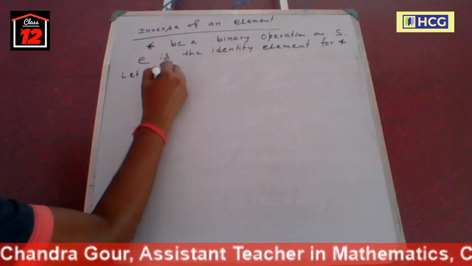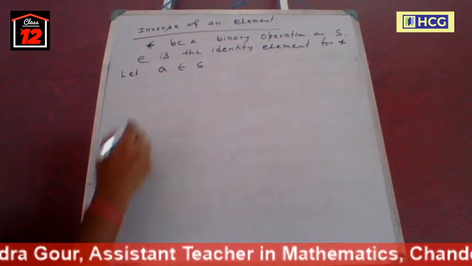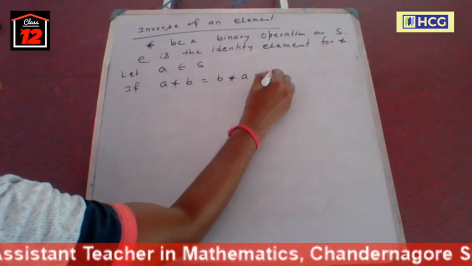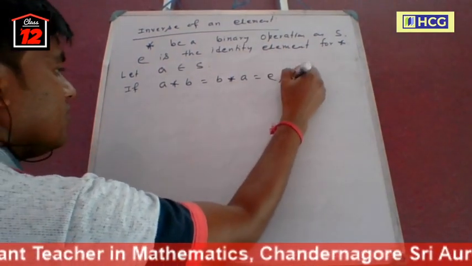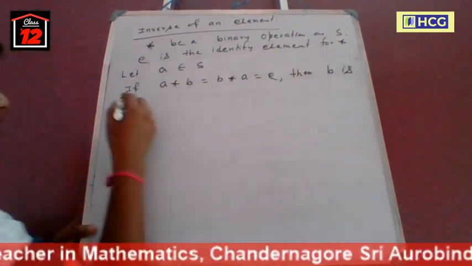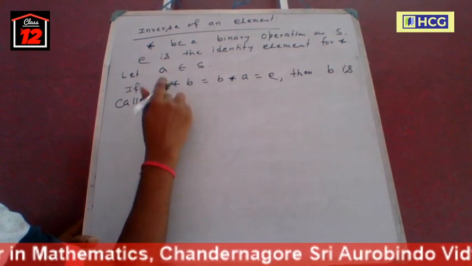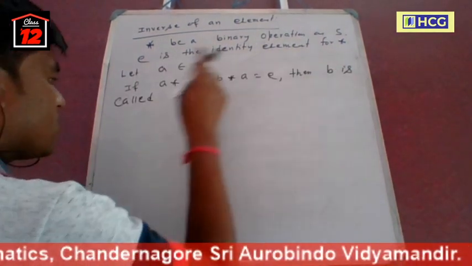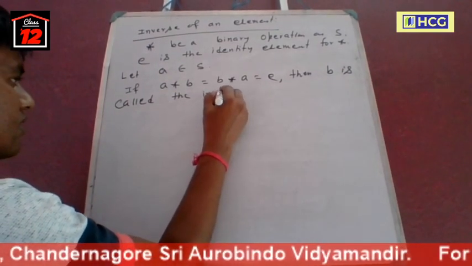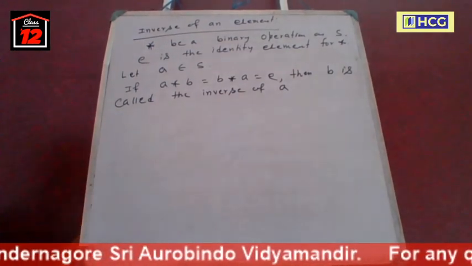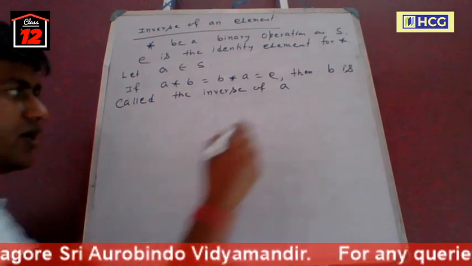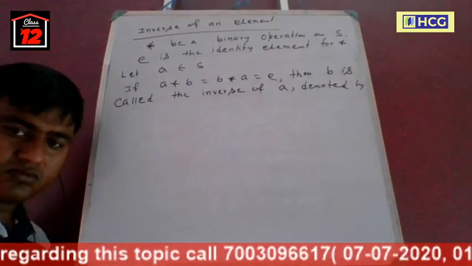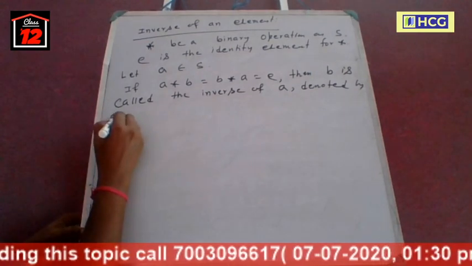Let A belongs to S. If A star B equals B star A equals E, then B is called the inverse of A, denoted by A inverse. Obviously, the next theorem is that the inverse element is unique.